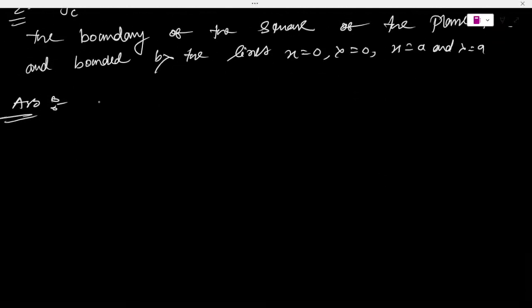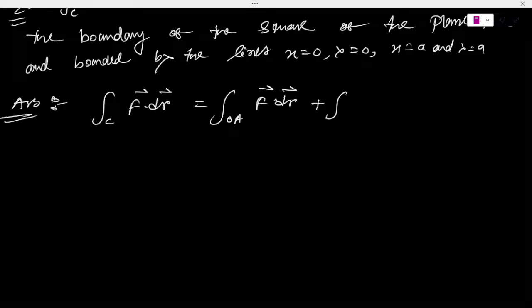The answer will be the closed integration over C of F dot dr, which is the integration over OA of F dot dr, plus the integration over AB, plus the integration over BC of F dot dr vector.